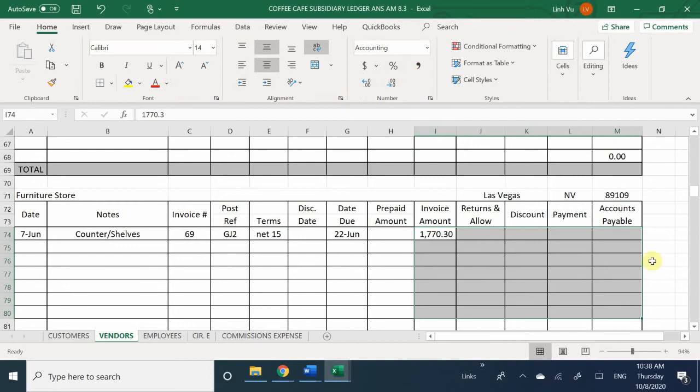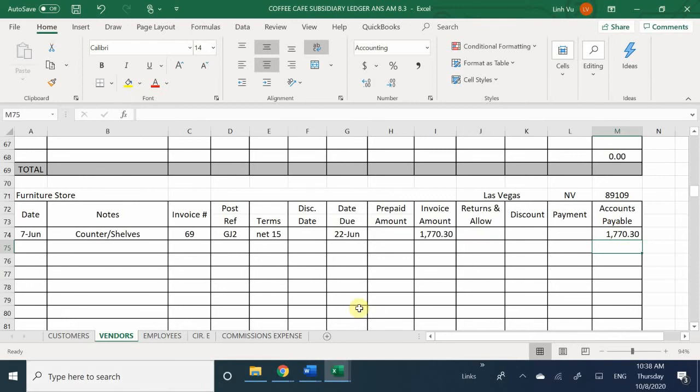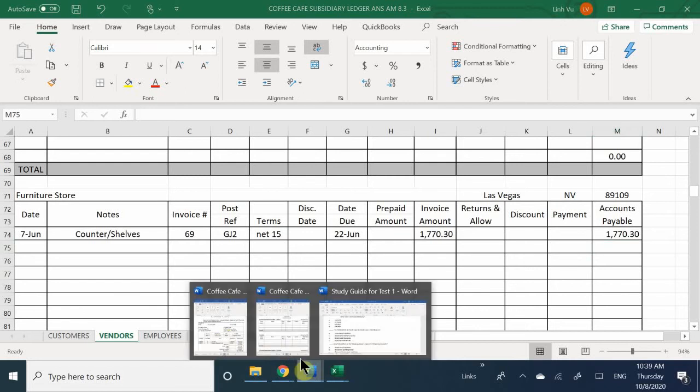So therefore, the formula that you place in here should reflect that you owe in the accounts payable for the full amount of the $1,770.30. Okay? Good.